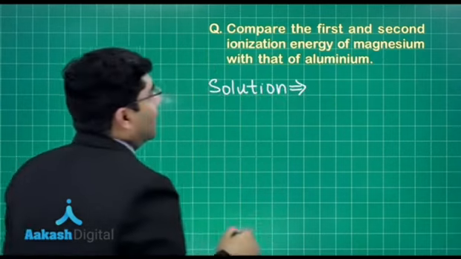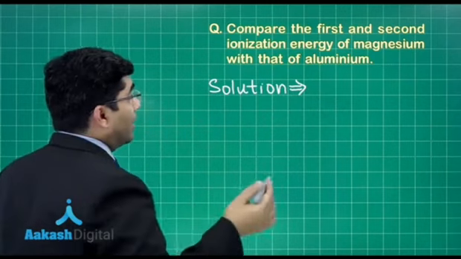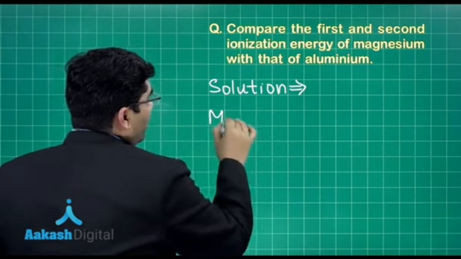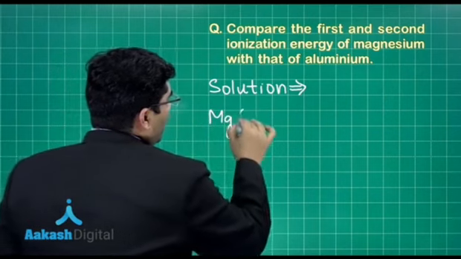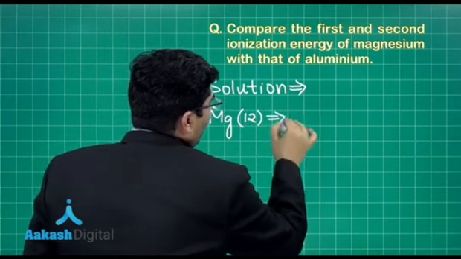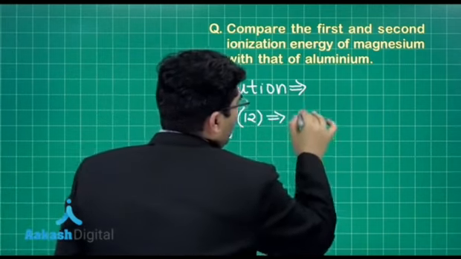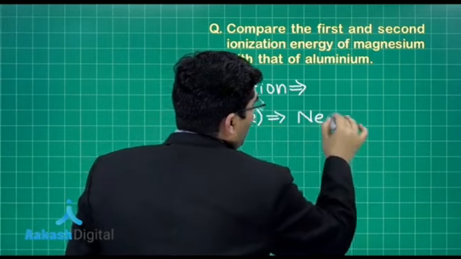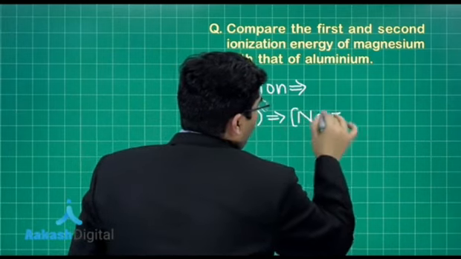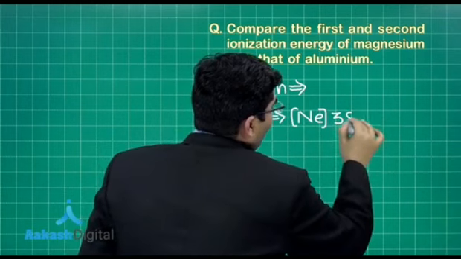Let us start with writing the configuration of aluminium and magnesium. So magnesium, the atomic number is 12, the configuration is neon 3s2.